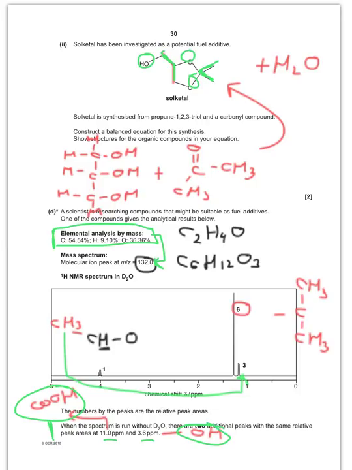Right, and now we need to look at your NMR here. So you've got your peak here, which suggests you've got an oxygen and then a CH, so it's this H here which is appearing. It's intensity 1, so you've only got one of them, and it's a quartet there, so it must be next to a CH3 group.